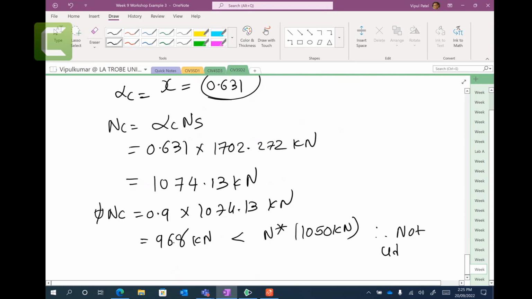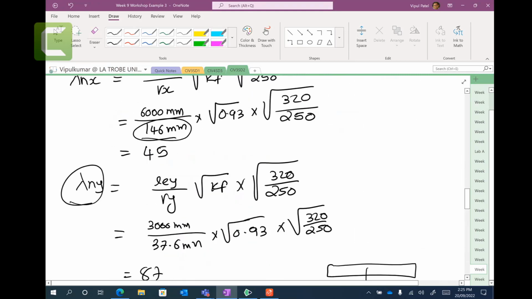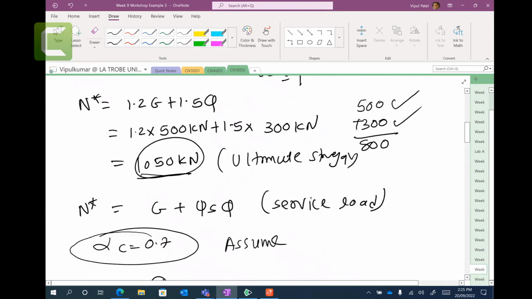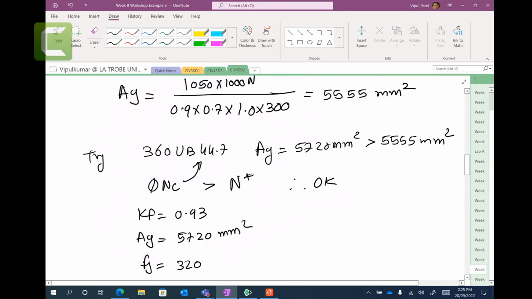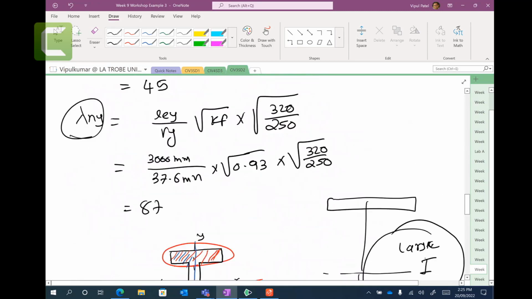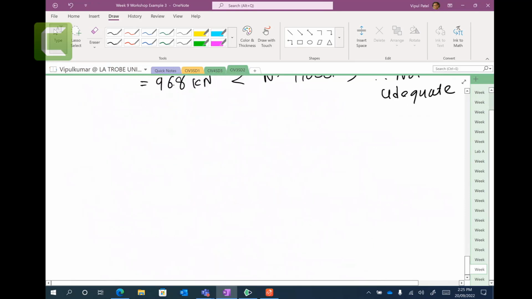Not adequate. Not adequate means these guys, which one we assumed? We tried 360 UB 44.7, not adequate.